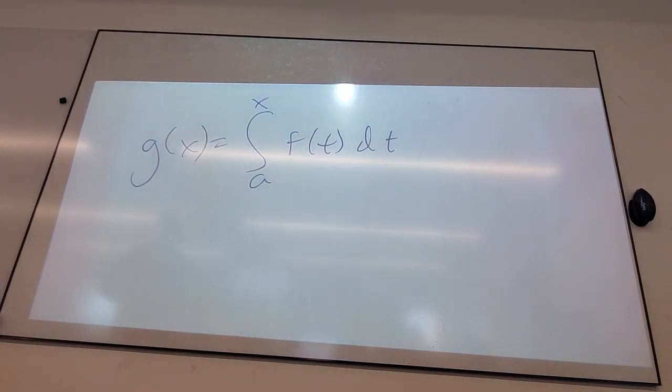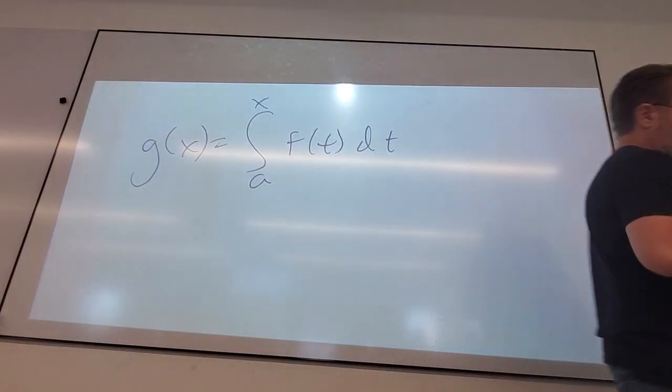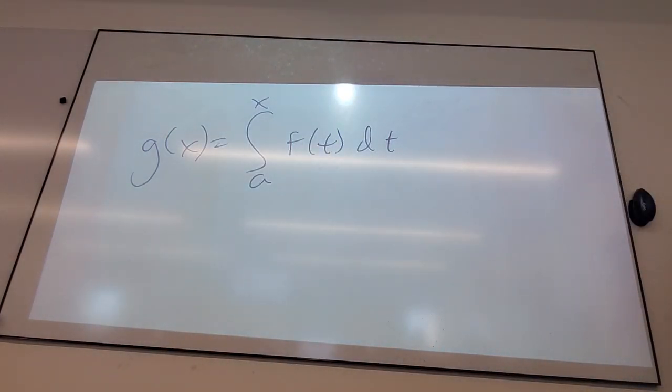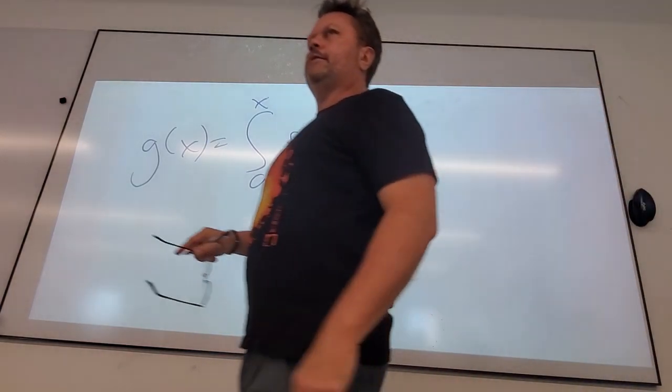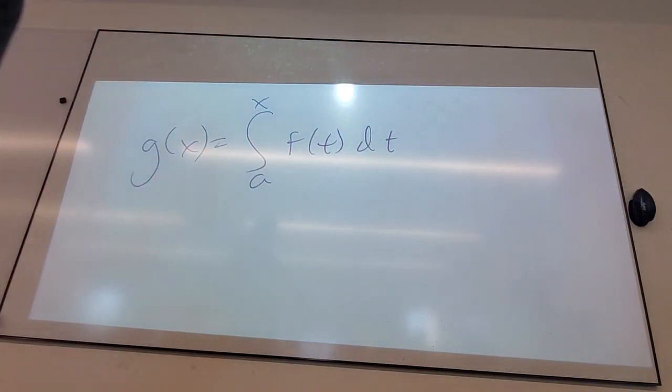What section is this? 5.3, I believe. Yes. The name of this section shows you why I said earlier this is one of the most important. The name of this section is the Fundamental Theorem of Calculus.